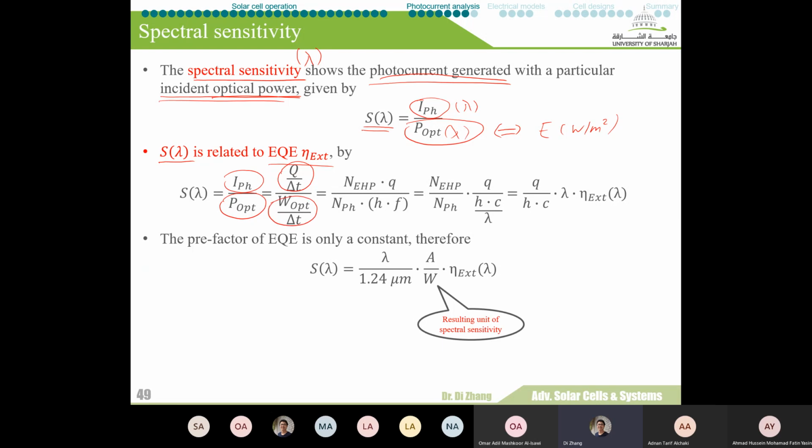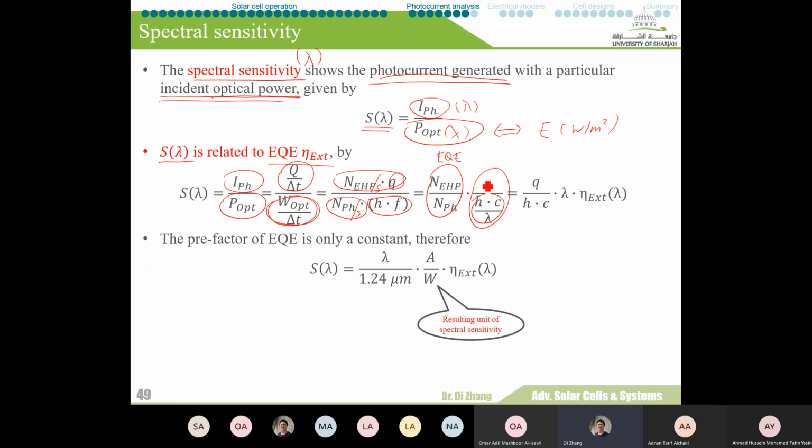Charge per second is essentially the number of electron and hole pairs per second times q, and the energy per second from the photons is the number of photons per second times the energy of the photon. If you substitute this into that, this part automatically becomes our external quantum efficiency.